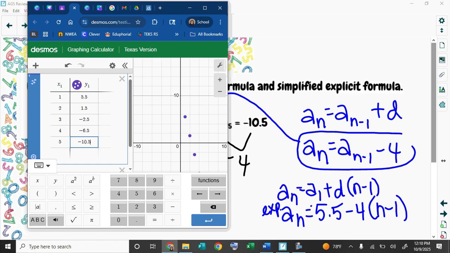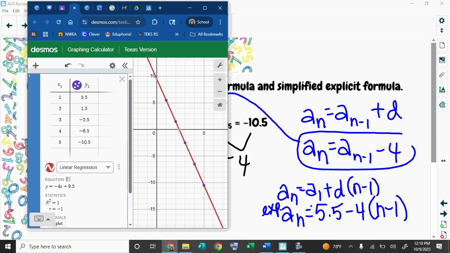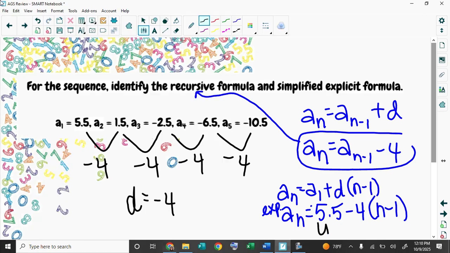So now I'm going to press this button right there. It's linear. And there it is: y equals negative 4x plus 9.5. There's the explicit one.